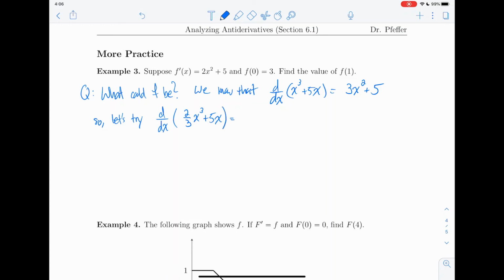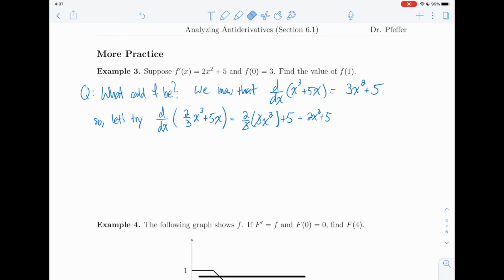In this case, we're going to get now 2/3 times 3x squared plus 5, which of course those 3's cancel, and I get my 2x squared plus 5, which is what I'm looking for. That's the same thing as proposed. So that means that this slightly augmented cube is going to be a good choice, but we have to remember that technically, I could have added any number at the end of this function. I could have added a 2, a 5, a 6, and etc., etc.